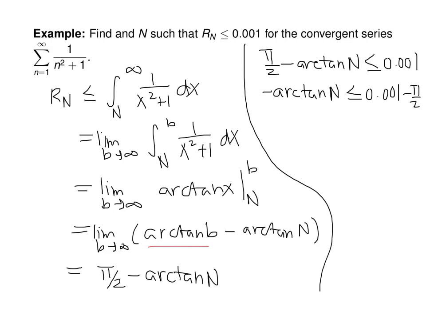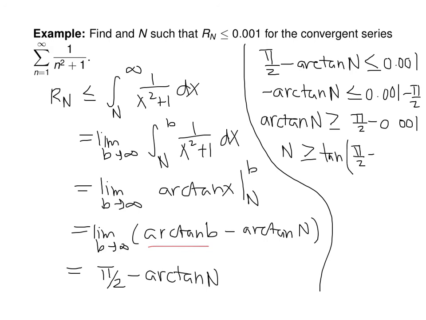Divide by negative 1 and flip the inequality. Arctan of n will be bigger than or equal to positive pi halves minus 0.001. And now we'll have to apply tangent to both sides. N will be bigger than or equal to tangent of pi halves minus 0.001.